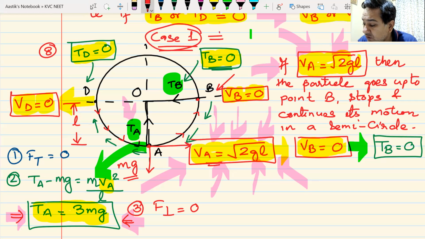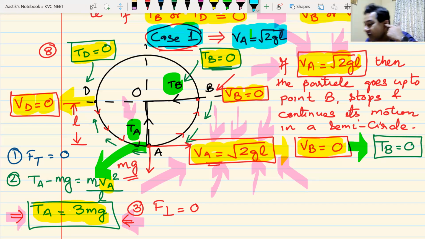Case number 1 was the case where velocity at point A is exactly equal to root of 2GL. I hope everyone is noting this down. Case number 1 is velocity at point A is exactly equal to root of 2GL.